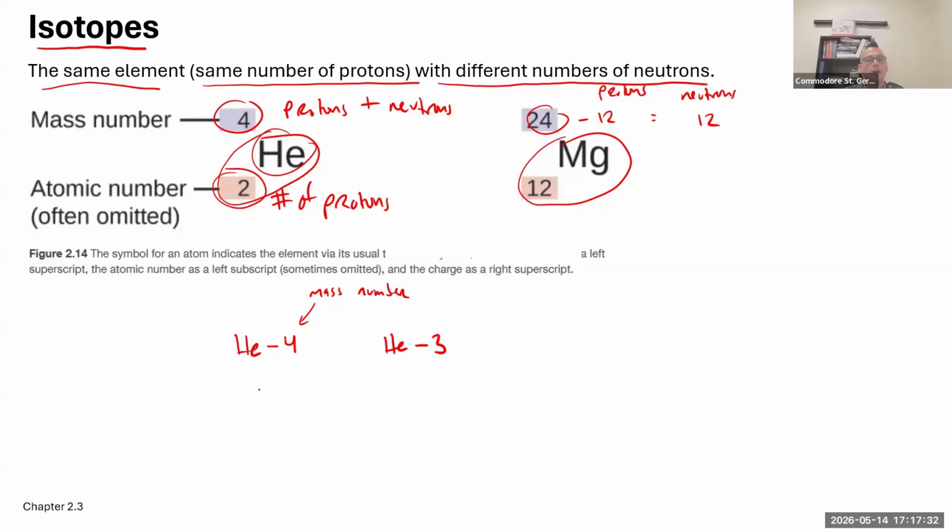This one, helium-4, has 2 neutrons, and helium-3 would have 1 neutron. So again, isotopes, it's the same element with the same number of protons with different numbers of neutrons. And this occurs naturally. We're not forcing this. We discover these and we find these in the universe and in nature. We find elements with different numbers of neutrons.